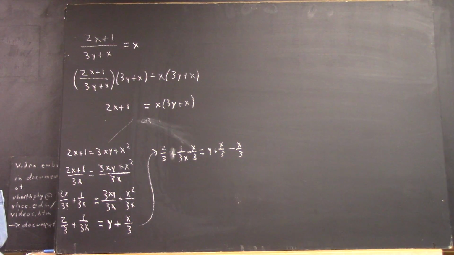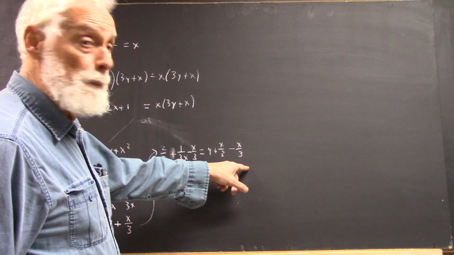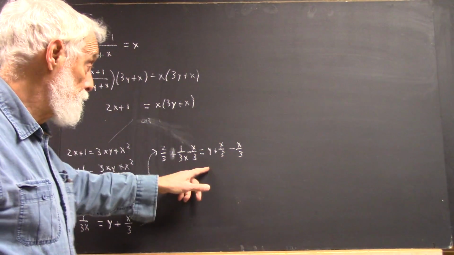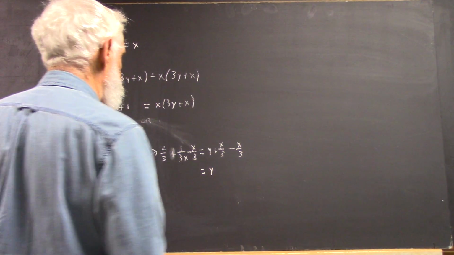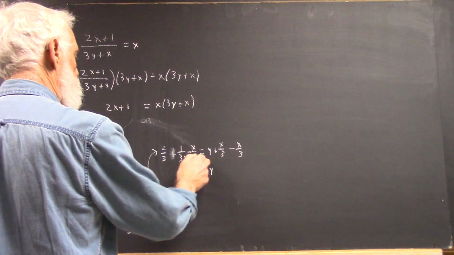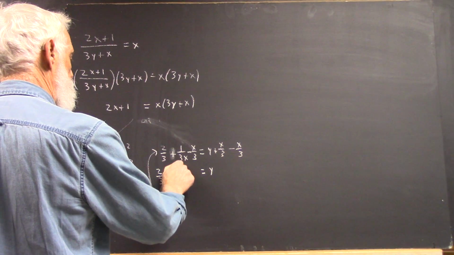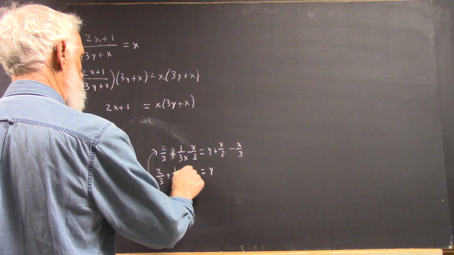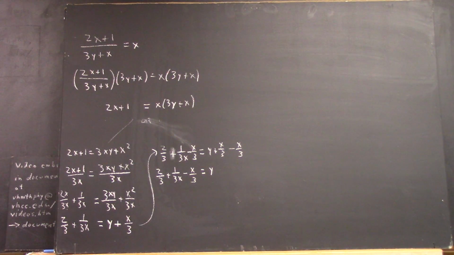You just subtract x over 3. y plus x over 3 minus x over 3 is just plus 0, so that's just y. And it's going to equal this: 2/3 plus 1 over 3x minus x over 3. Okay?